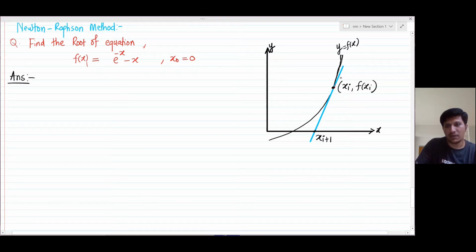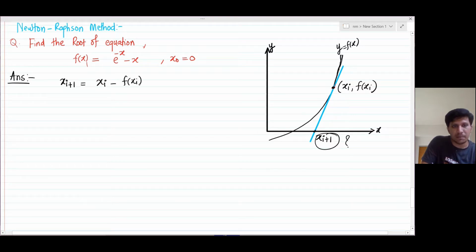We derived the formula using the slope-point equation of the line, and the formula comes out to be xi plus 1 is equal to xi minus f of xi upon f dash of xi.